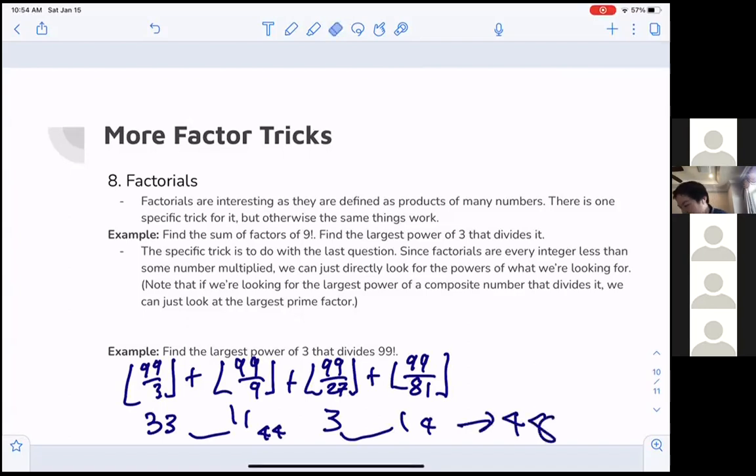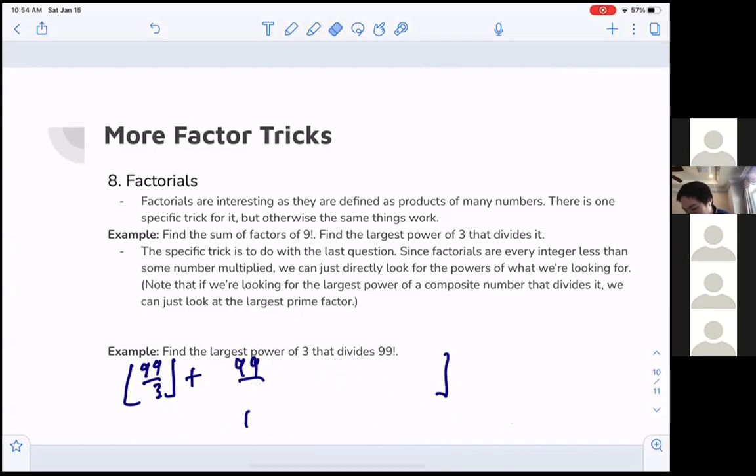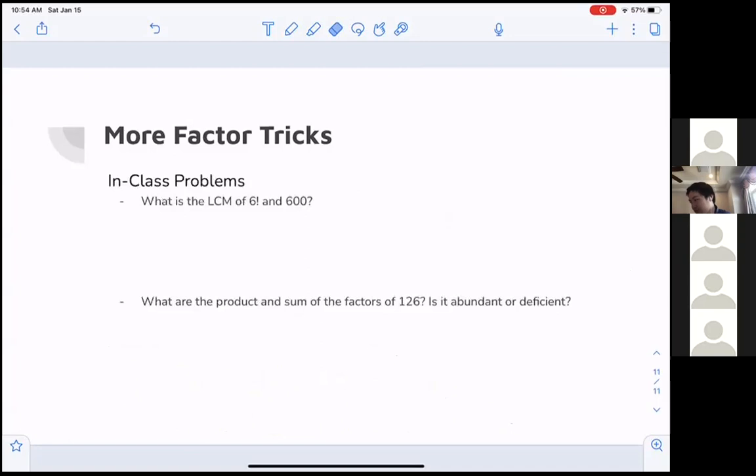Nice. So 48 is indeed the right number: 48 powers of 3 in 99 factorial. That's a lot, very hard to do by mental math without following a similar process.